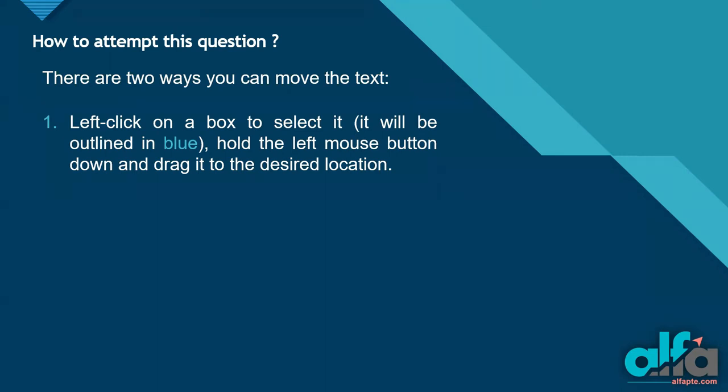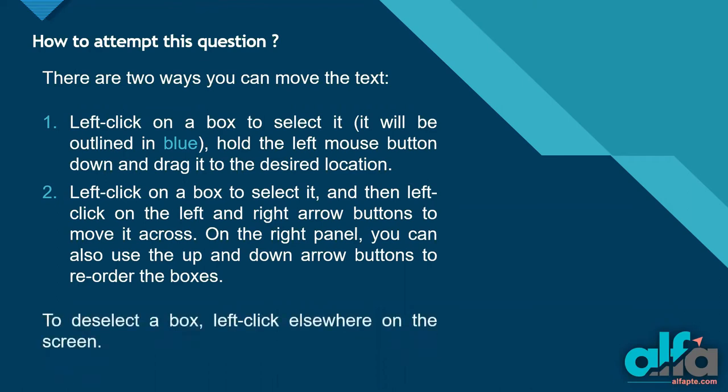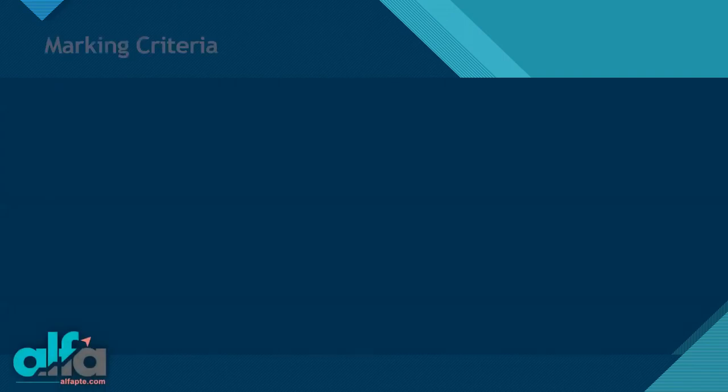Hold the left mouse and drag it to the desired location. Or left click on the box to select it, and then left click on the left and right arrow buttons to move it across. On the right panel, you can also use the up and down arrow buttons to reorder the paragraph. You can deselect the box by clicking elsewhere.